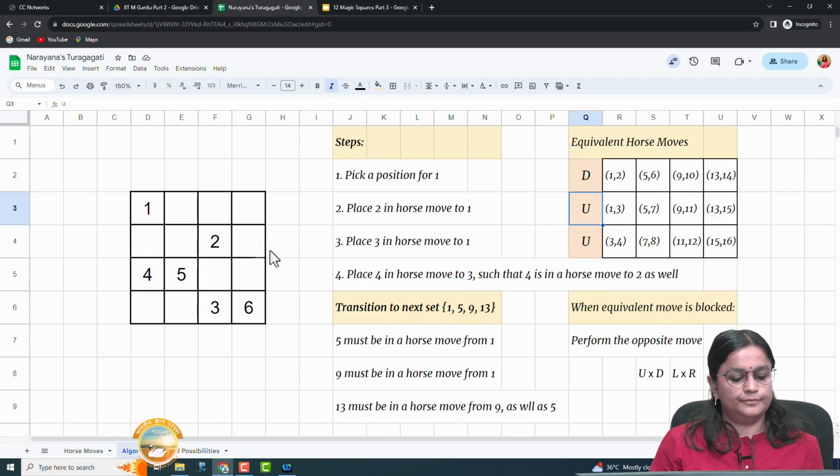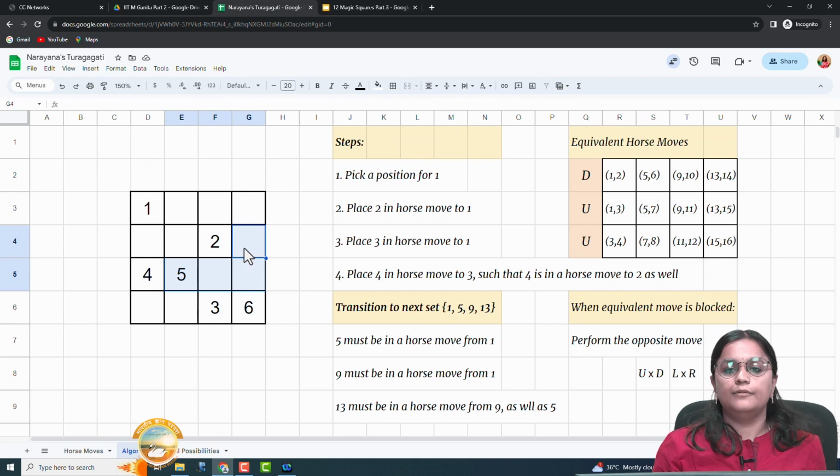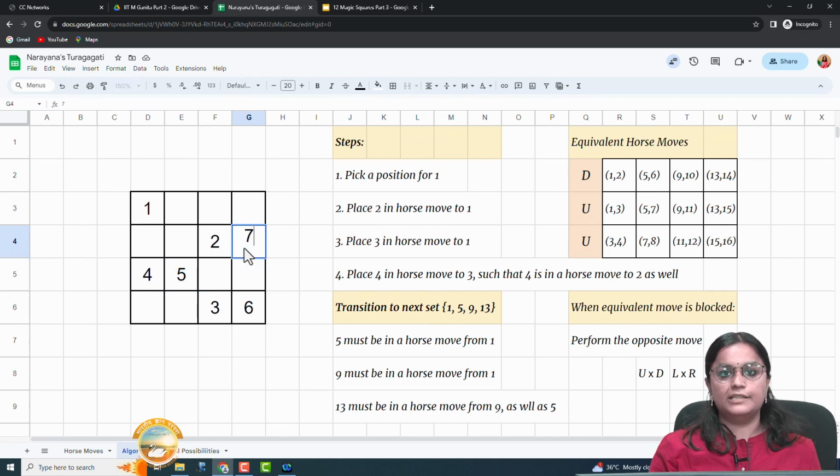So, to find the position of 7, the law of equivalent horse moves tells us that it must be in the same move as 1 and 3, which is an up move. So, starting from the digit 5, we go up and we find a place for 7 here.